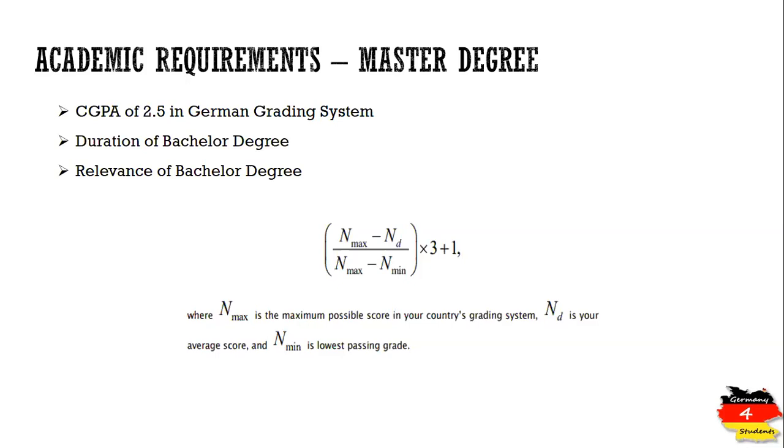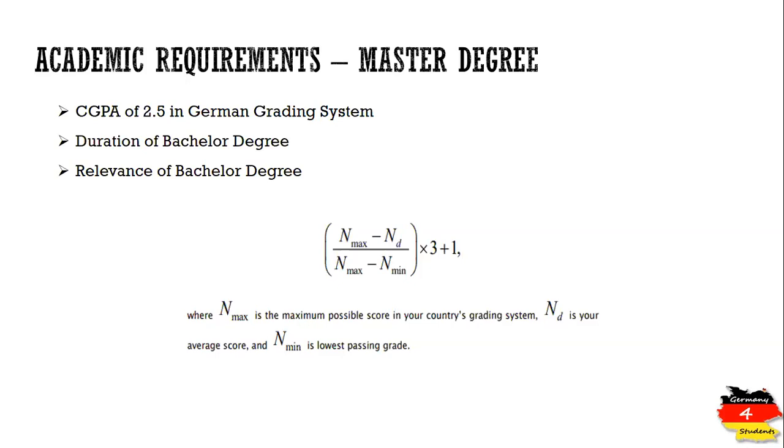Minimum passing marks can be 40% in some universities, it can be 50%, or on a scale of 4, for example, 2 is the minimum passing grade, or on a scale of 10, it can be 4 or 5. So it's important that you also provide this. Now you multiply all of this by 3 and add 1 to it, and you will get your score in the German grading system.